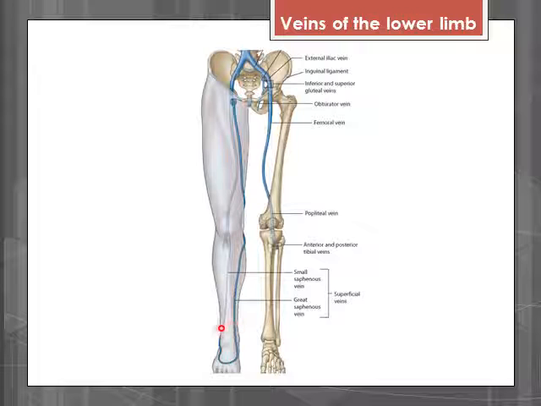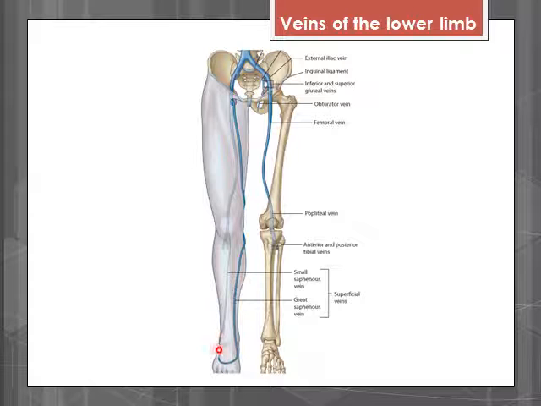Both arise from the dorsal venous arch of the foot. The great saphenous vein originates from the medial side of the dorsal venous arch, then ascends up the medial side of the leg, knee, and thigh to join the femoral vein just below the inguinal ligament.